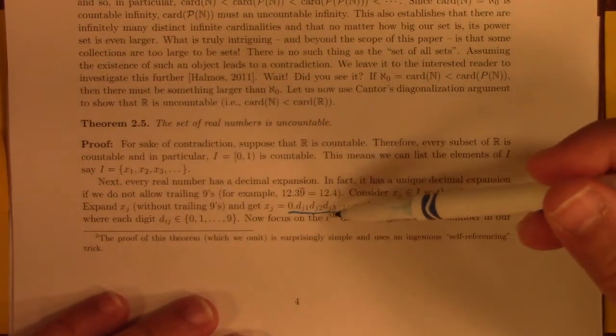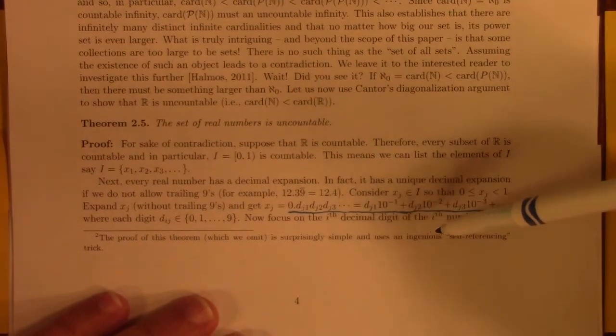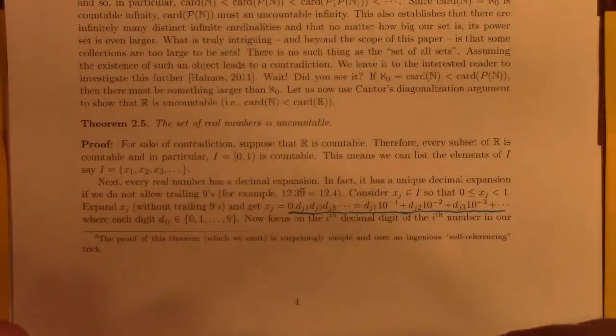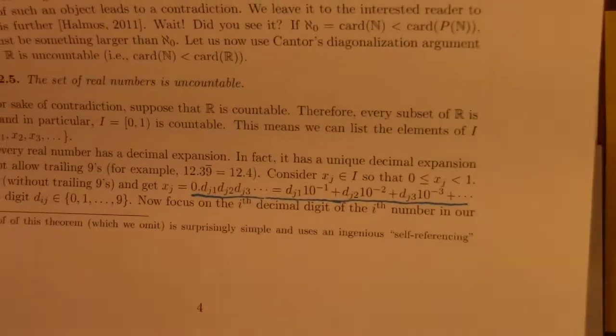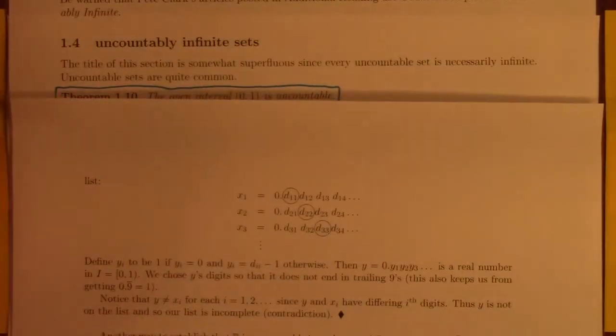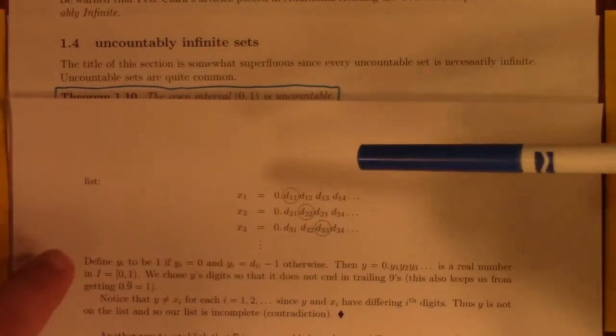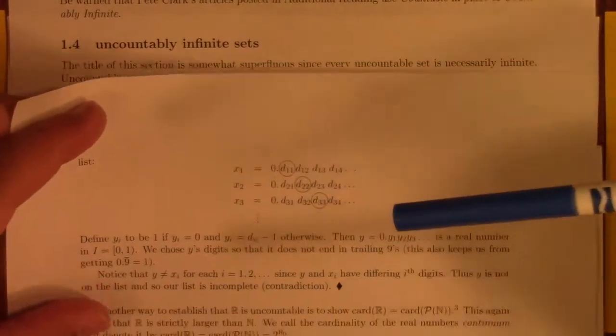It says, okay, so focus on the ith decimal digit of the ith number. That's a mouthful. I do have it. For a second there, I thought we were going to have to stop. In the list, like this, so he's like, look at d11, d22, d33, right?